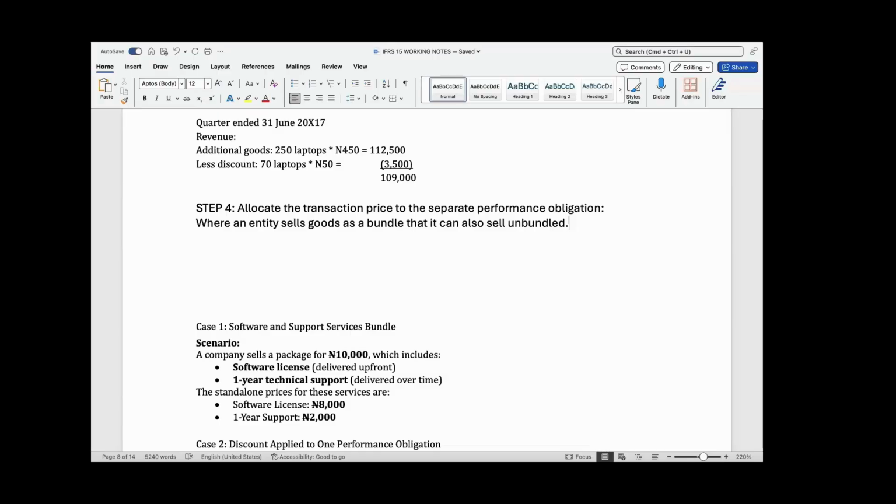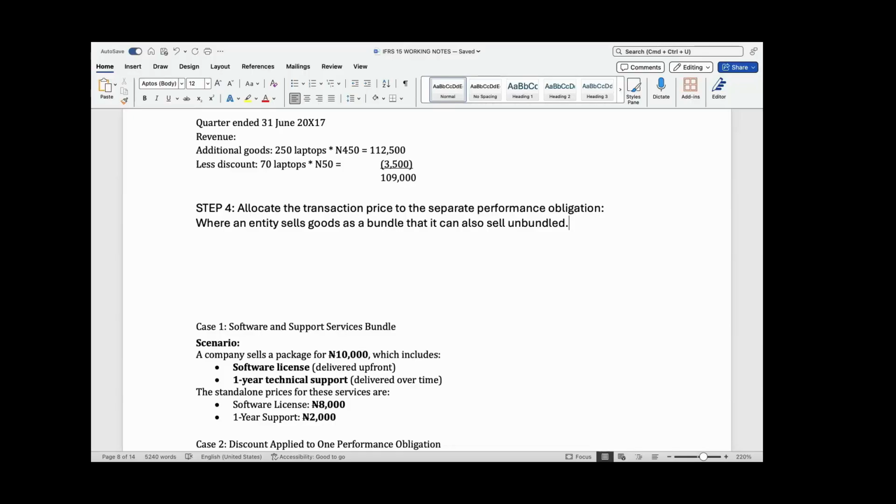Let's say you sell an asset to somebody, let's say a generator. You also tell the person that you will help him service his generator for 1 year. You tell the person, let's do a total package of 1 million. Ordinarily, if I want to sell the generator, it is 800, but because I'm going to be doing maintenance for you as well, let's do everything at 1 million.